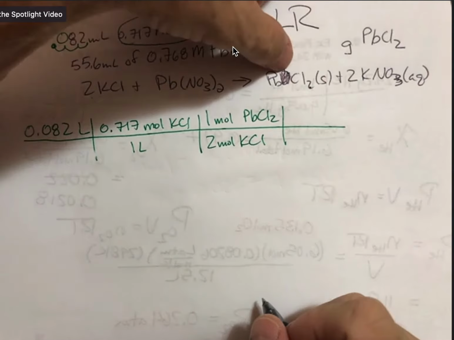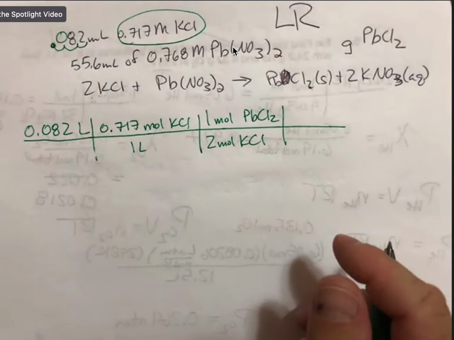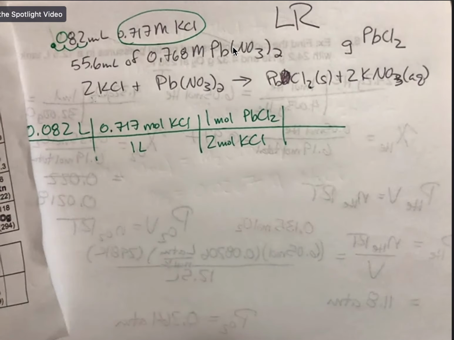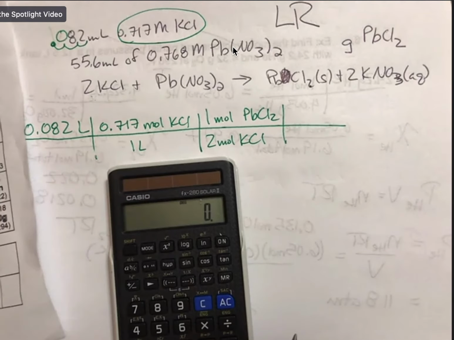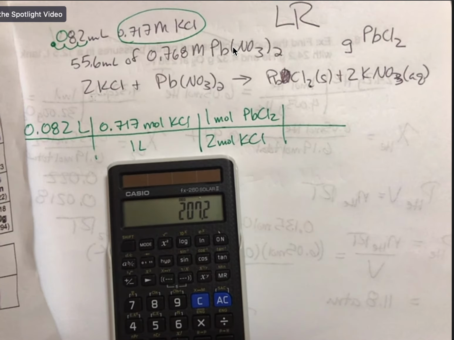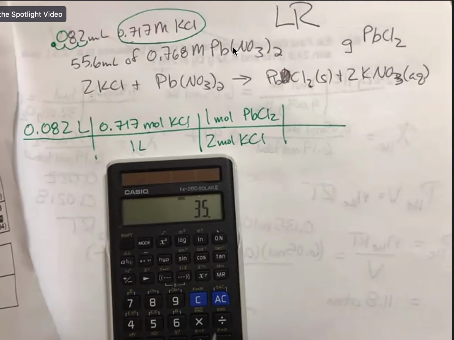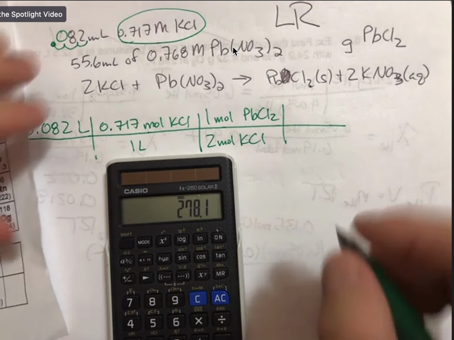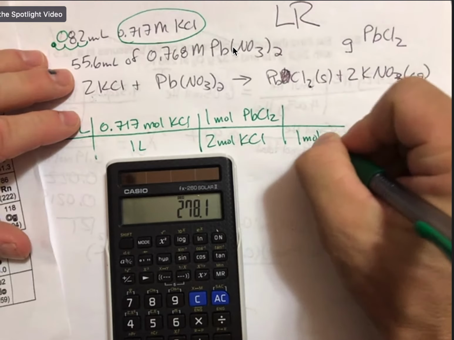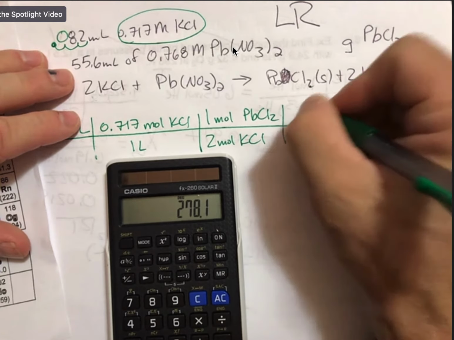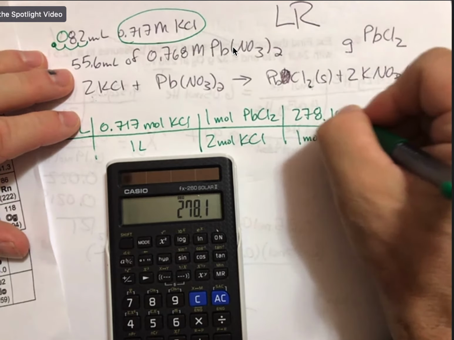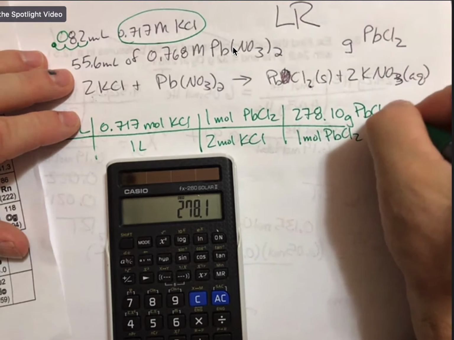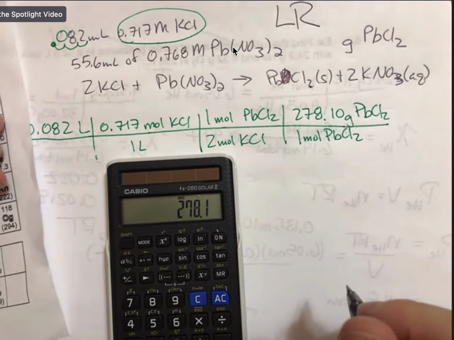And then for lead 2 chloride, I need to hit my periodic table, and lead is 207.2 plus 2 chlorines, 2 times 35.45 straight off the periodic table. 1 mole of lead 2 chloride is 278.10 grams of lead 2 chloride.